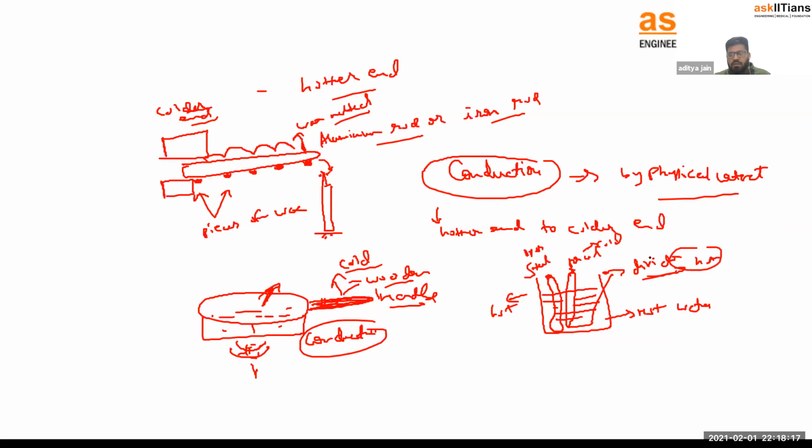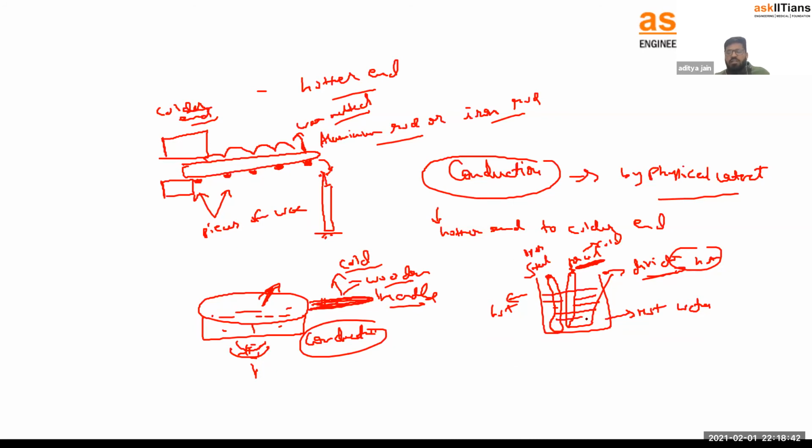So isn't it that the transfer of heat is not taking place through this pencil? That is not the case, although the transfer of heat is taking place. But there are some materials which allow the heat to transfer through them. Those materials are known as conductors.